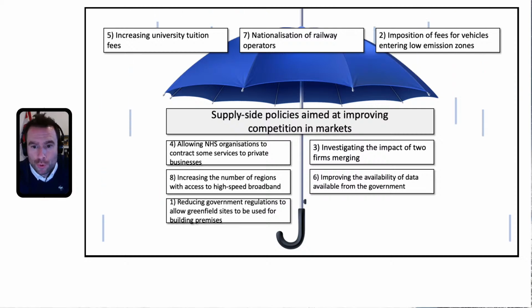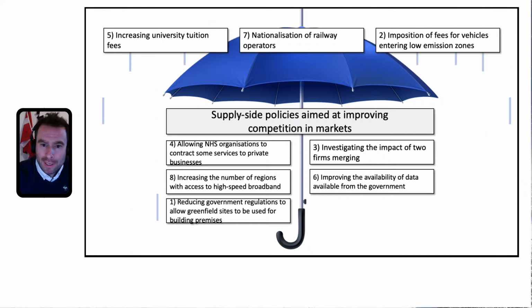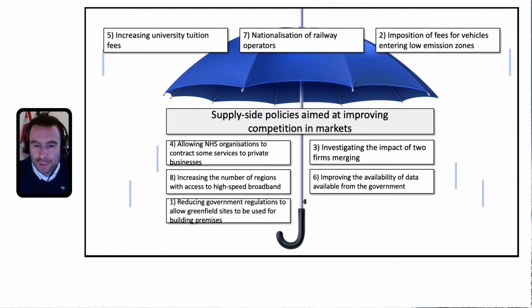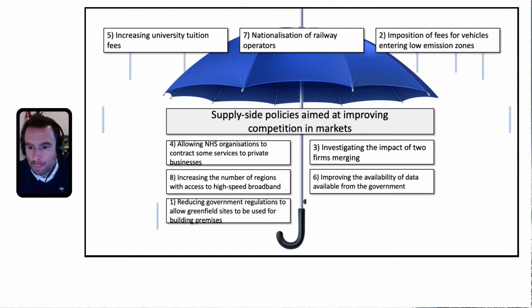That is going to improve competition within the healthcare market. So it could be some medical operations, but something that might be more familiar might be cleaning services, laundry services. All of those things are contracted out within the NHS to try and improve competition.